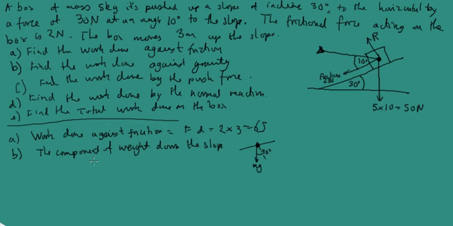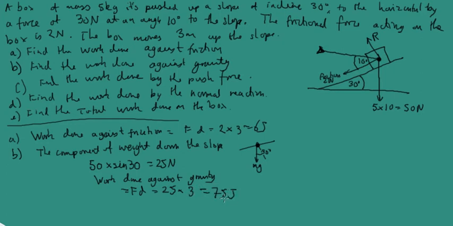So it's going to be our weight, which is 50, times sine of 30, which is 25 newtons, and that's the component of the weight that's acting down the slope. So the work done against gravity is F times D, which is 25, and again we're going 3 meters, which will give us 75 joules.